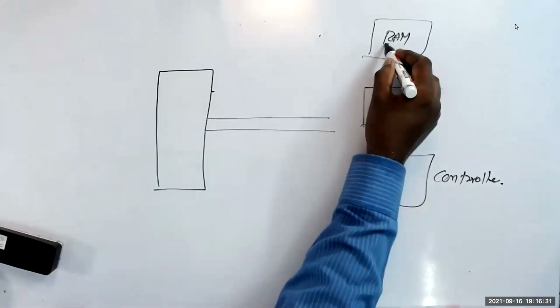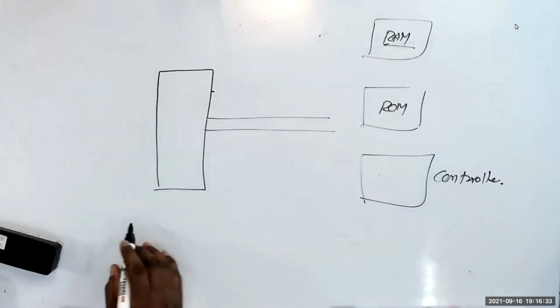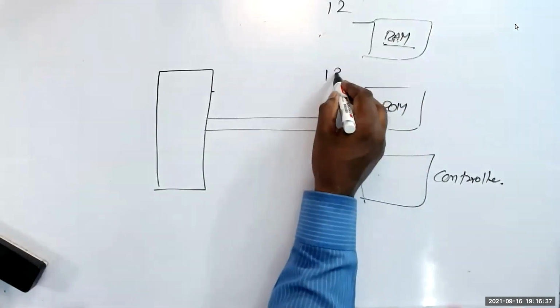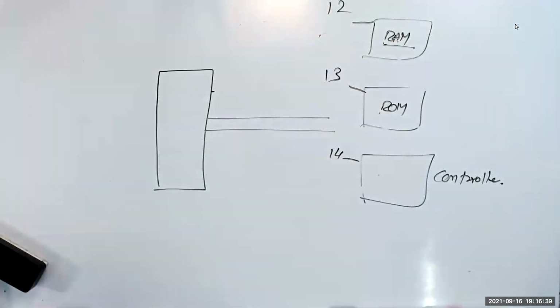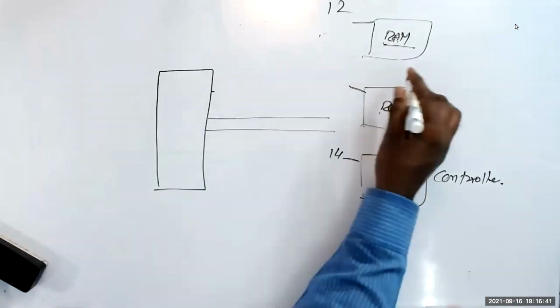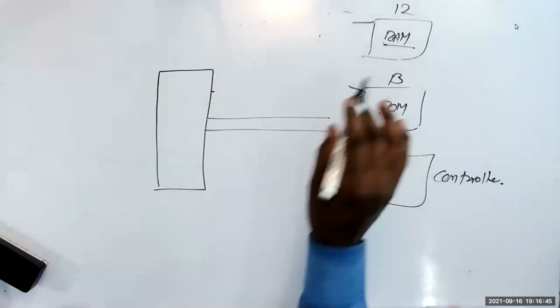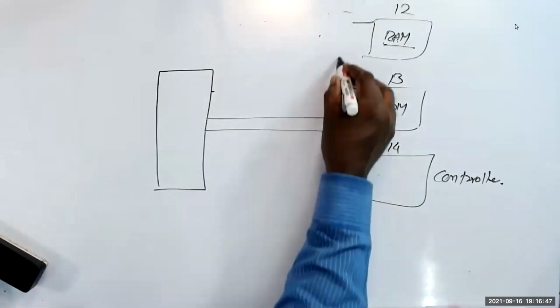In the case of RAM, let us say this device's address is 12, this one's address is 13, and this one's address is 14. All of them are connected through I2C.